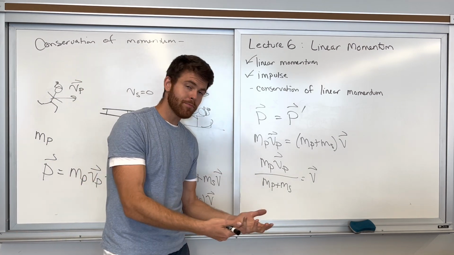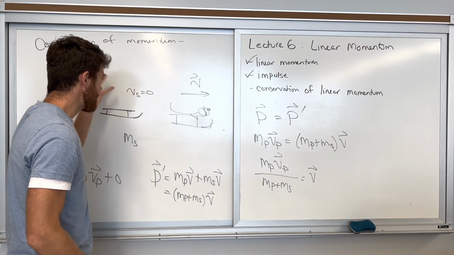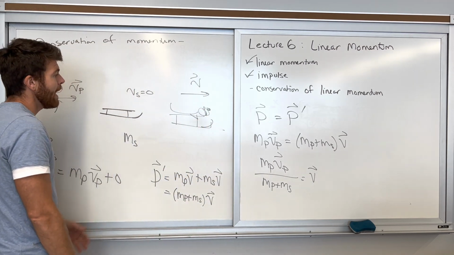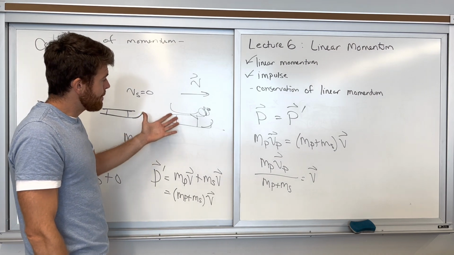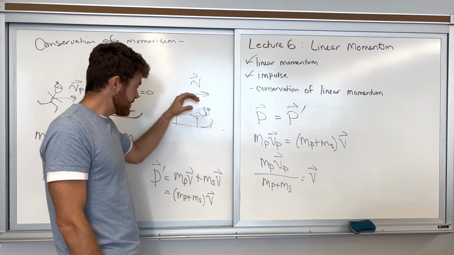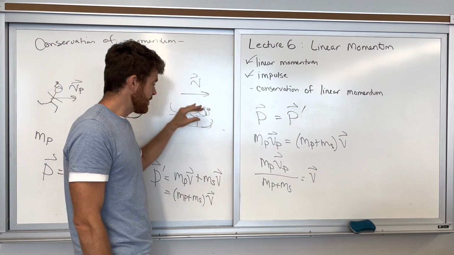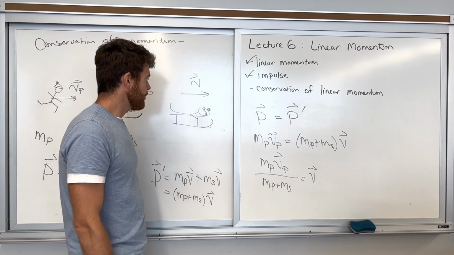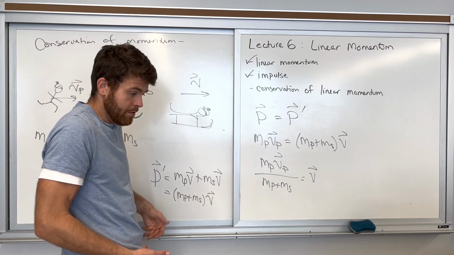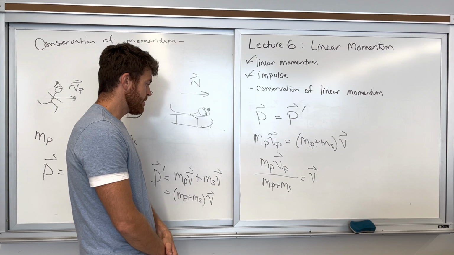It has to be moving with a smaller velocity in order to have the same amount of momentum, because now there's more mass moving. What really happens is that the person jumps on the sled and transfers some of their momentum into the sled, so that now they're moving together. And so the person has to slow down in order to transfer some momentum to that sled.